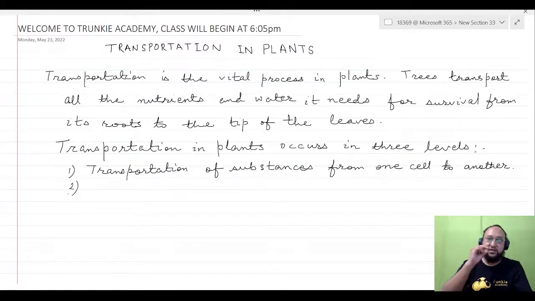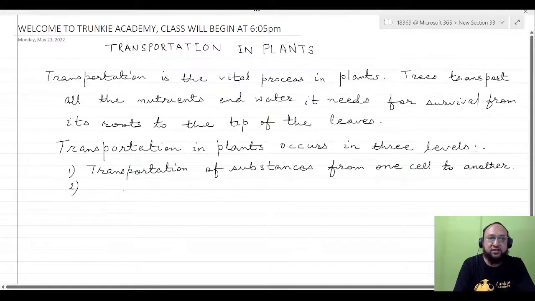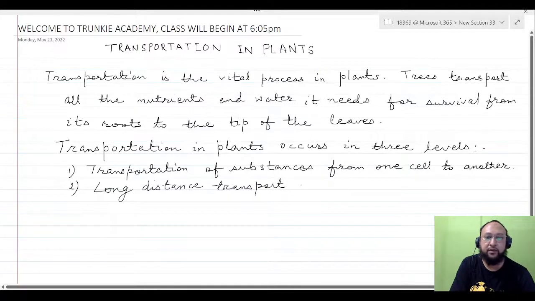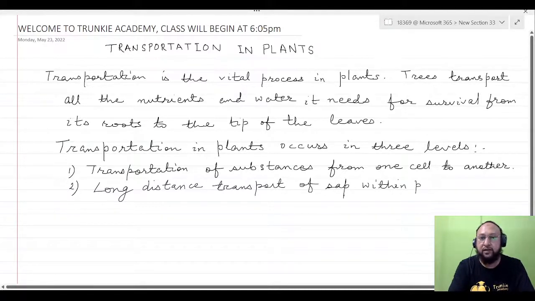Here also, first the water is transferred from one cell to another, cell to cell. Then another is the long distance transport of sap within phloem and xylem.